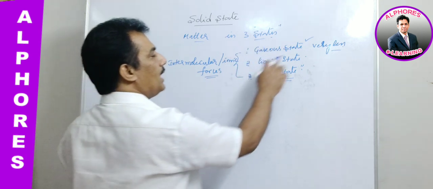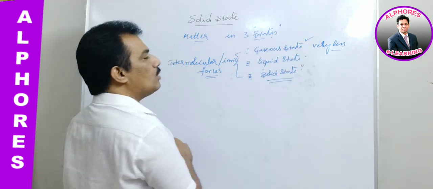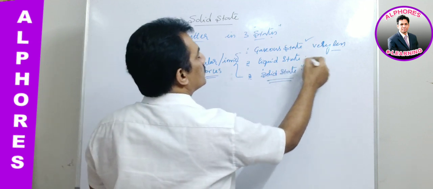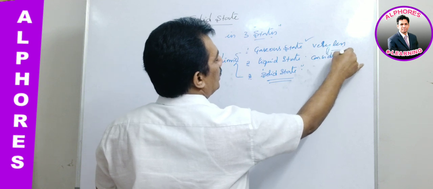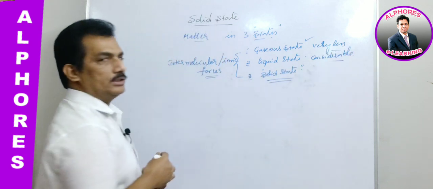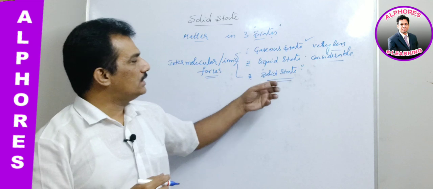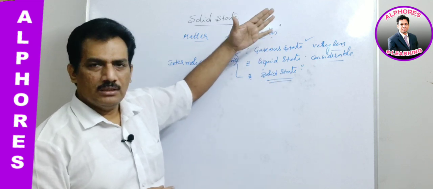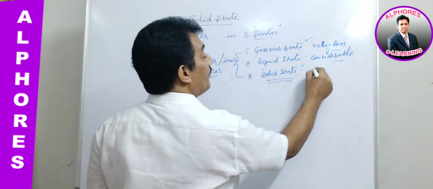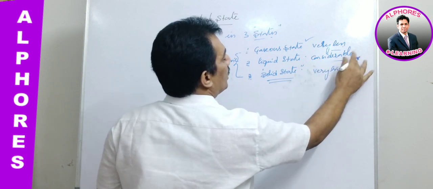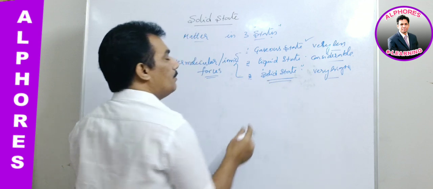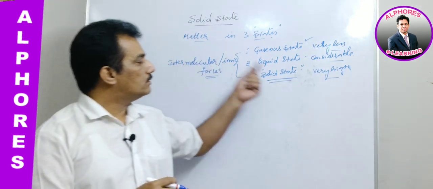Then, when compared to the gaseous state, in liquids the intermolecular forces are somewhat considerable. In gaseous state they are very less, and in the case of solid they are very high. Very high intermolecular forces exist when the matter is in solid state.